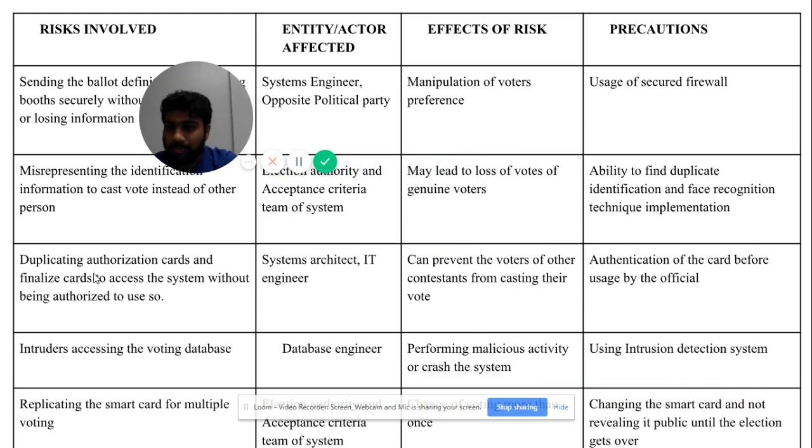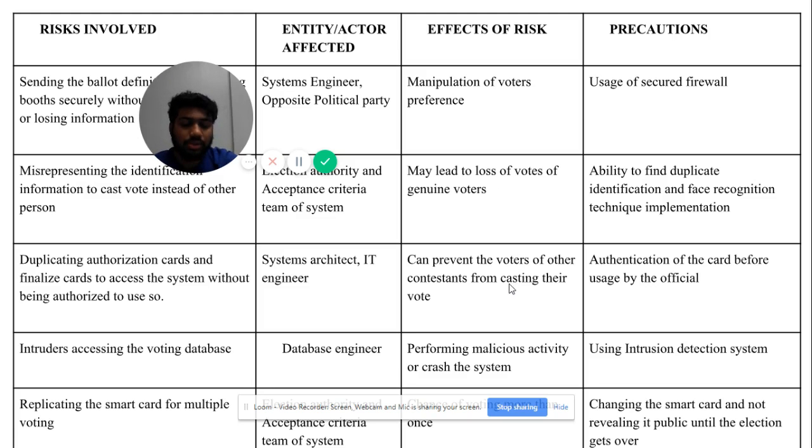So the third thing is duplicating authorization cards and finalizing cards. In order to get rid of this, the systems architect and IT engineer need to work on it more. It can also prevent the voters of other contestants from casting their vote. Once they get to know the ballot definition, once they can identify the voters by the ballot definition, they might prevent those voters from voting for their other contestants.